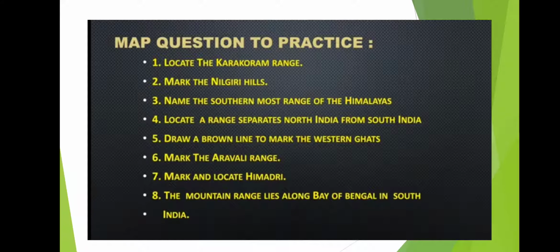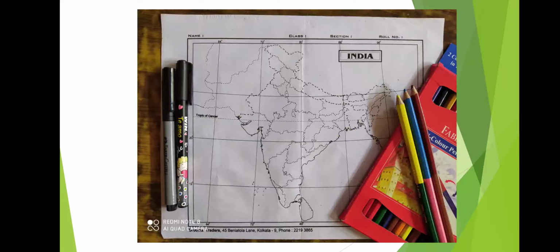Previously, whatever mountain ranges and hills I showed you in the video, you should practice, and after that practice according to the questions. In this video we will show you the solution, how to solve it, and the exact locations of these points once again. See what equipment is necessary for map pointing. A blank map is required, and color pencils and a pen.